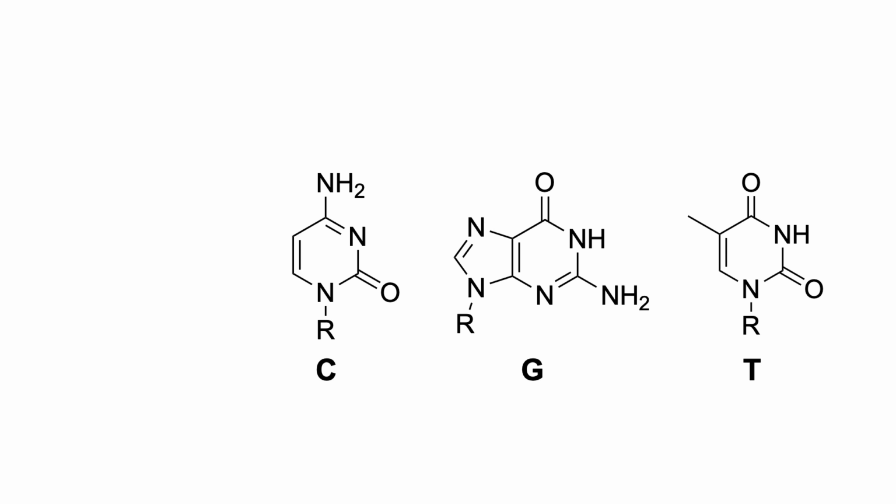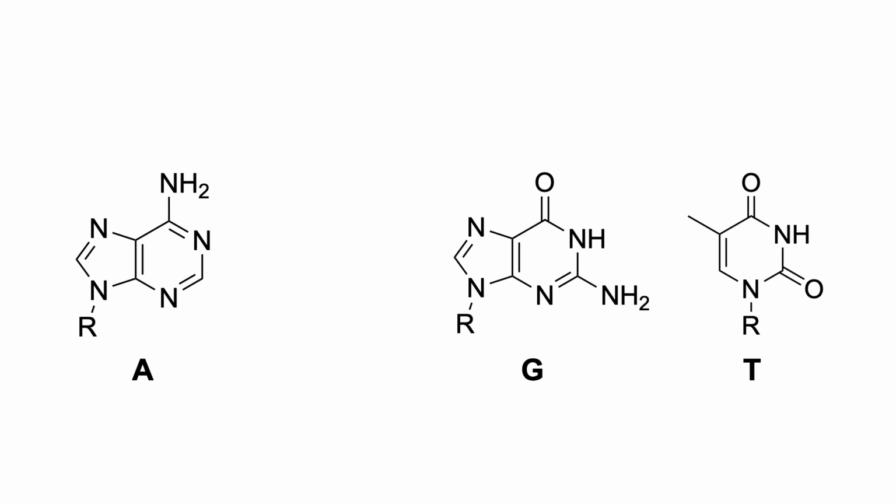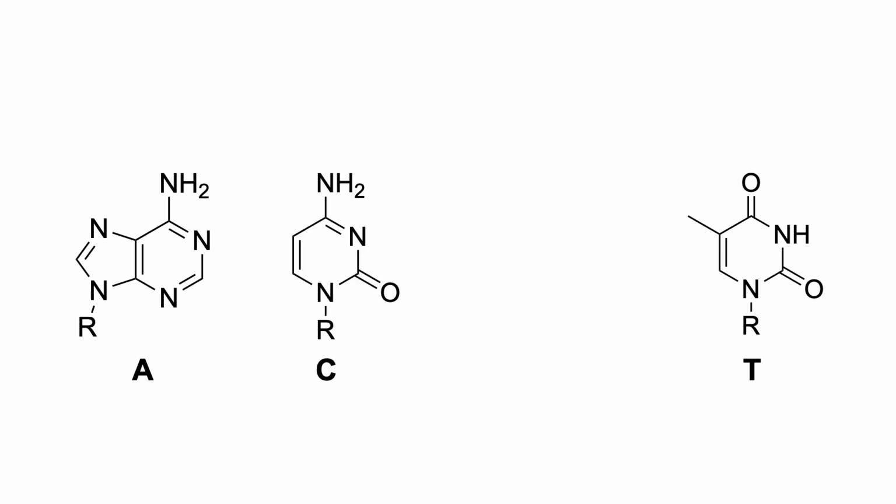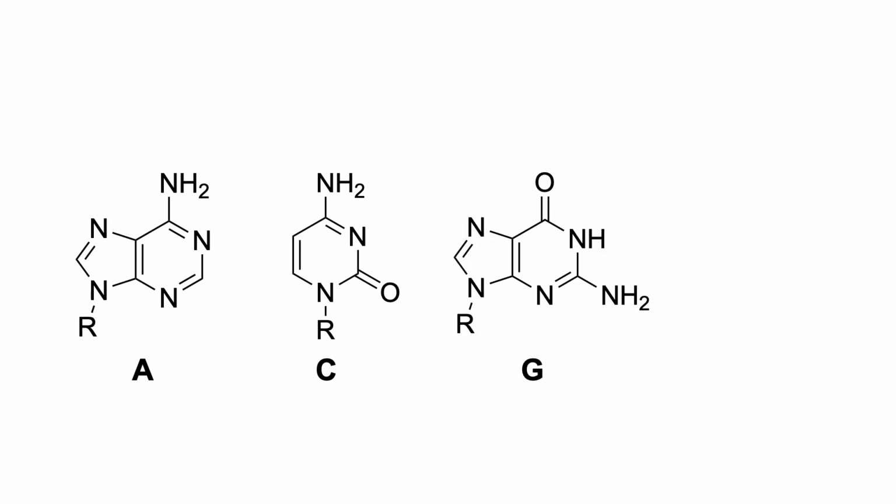In this case, we have C, G, and T. So it's not A, so it's the next letter in the alphabet, which is B. And then we can have A, G, and T, so it's not C, so it's D. And then following the trend, we have A, C, or T. It's not G, so it's H. And then last, we have A, C, and G. It's not T, so it's U.